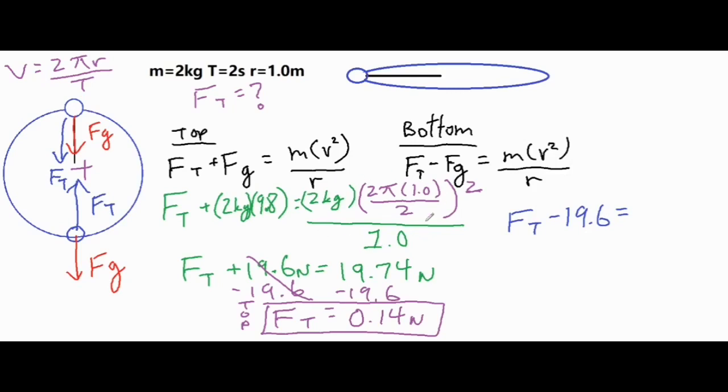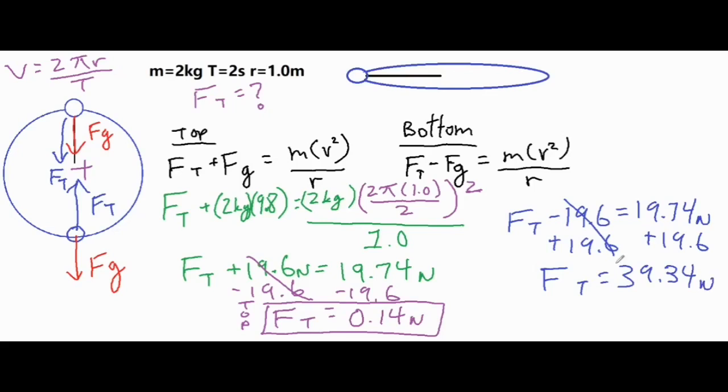We already did the work ahead of time for the mv squared over r, and we know that is 19.74 newtons. So for this one, all we got to do is add our 19.6 to both sides, and then we are done. And then our FT comes out to a significantly larger number of 39.34 newtons.